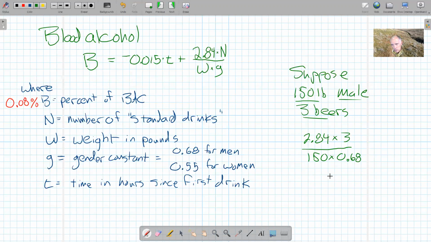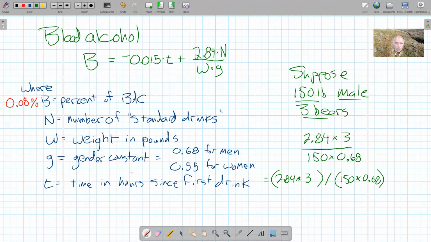Instead, you have to use the slash on the keyboard for divide, which means your numerator has to be in parentheses and your denominator has to be in parentheses. So the spreadsheet version of this would be equals parentheses 2.84 asterisk 3, close parentheses, divide, start the denominator, 150 asterisk 0.68.